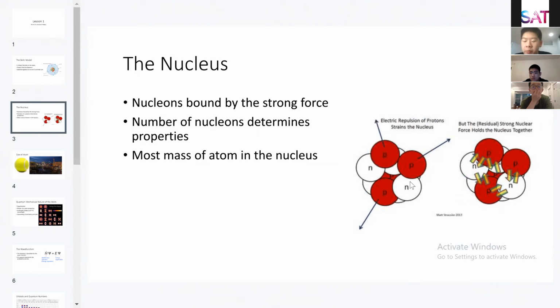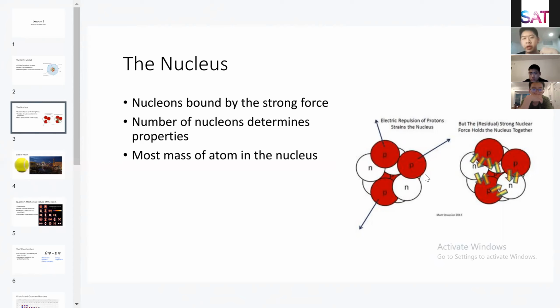The protons and neutrons, which we call nucleons, are all bound by the strong force. This is more into physics, so you can look into this yourself if you want to. Basically, although the protons have some repulsion, on the atomic scale the strong force is much stronger than the electromagnetic force, so it holds the nucleus together.